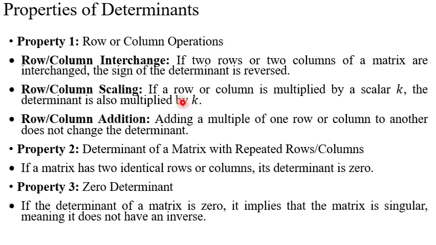So there are basic things that when you do, particularly when you perform row and column operations on the determinant of a matrix, it only helps to move gradually towards solving the problem at hand, and it does not really disorganize the structure of the matrix.